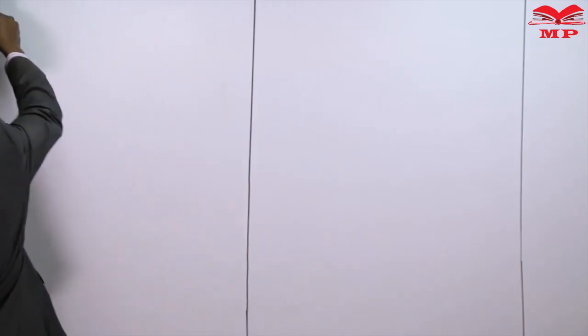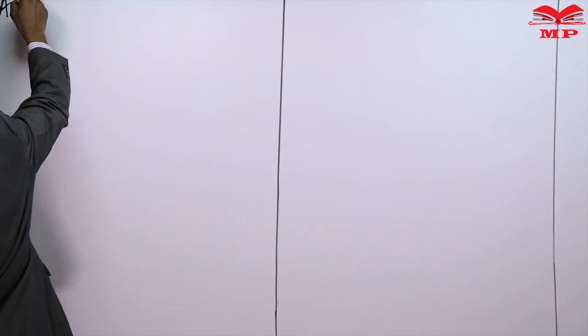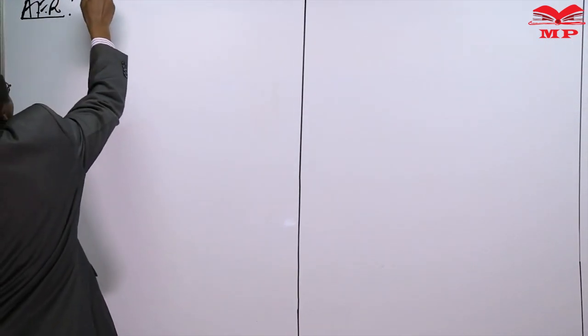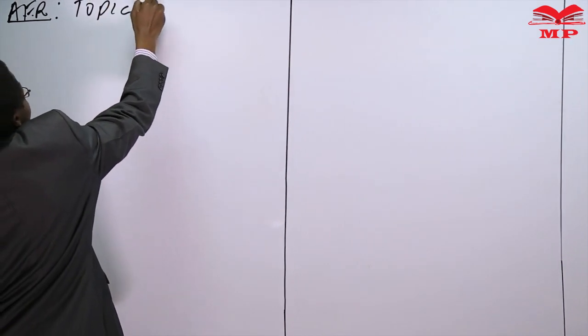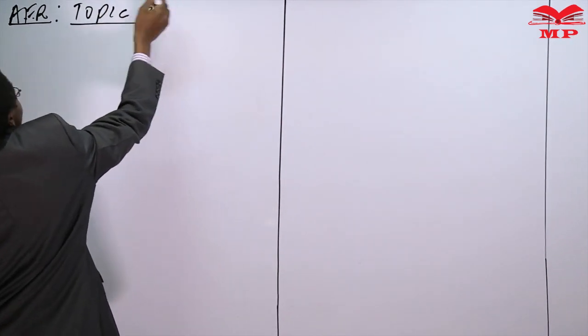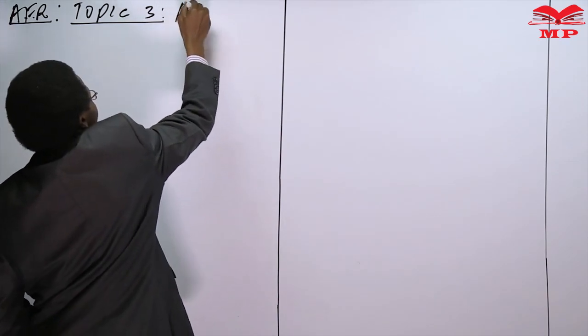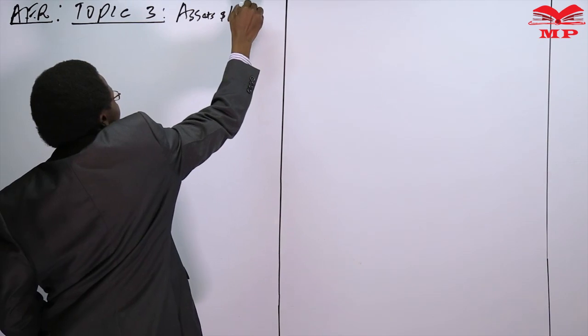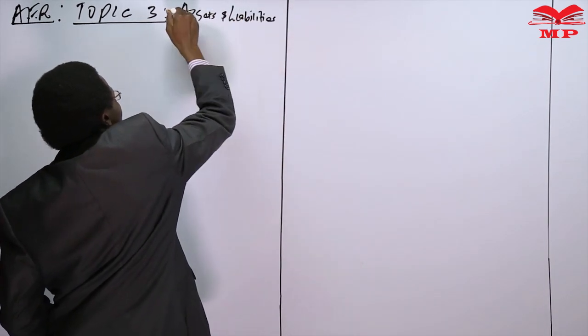Remember, we want to look at advanced financial reporting. Today we want to look at topic 3, and topic 3 is about assets and liabilities.